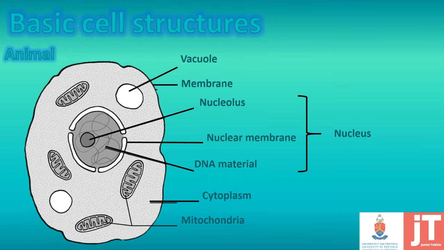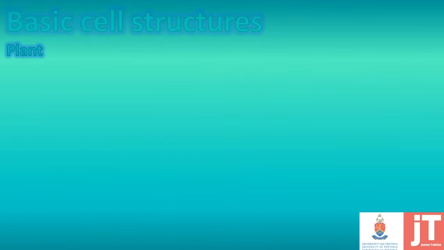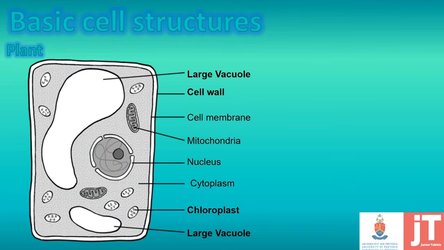So let's move over to our plant cell and see where our plant and animal cell will differ and where they will look the same. So let's have a look. Firstly, we have a larger vacuole in comparison to the animal cell. And then also something new is that the plant cell has a cell wall. It is always the outside lining of the cell.